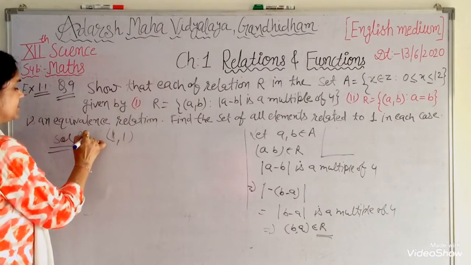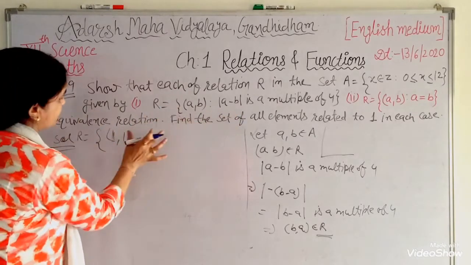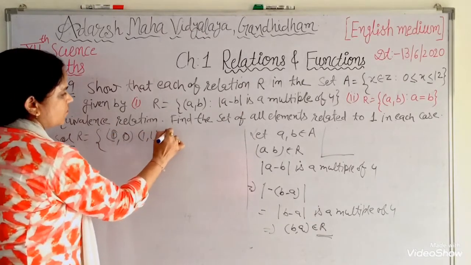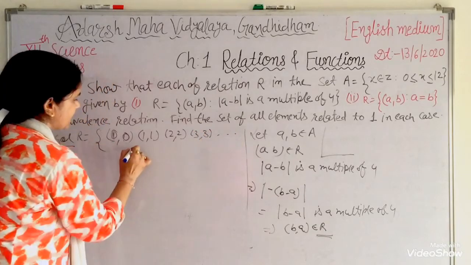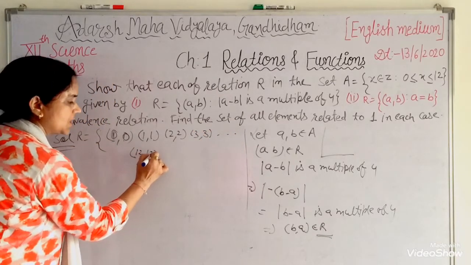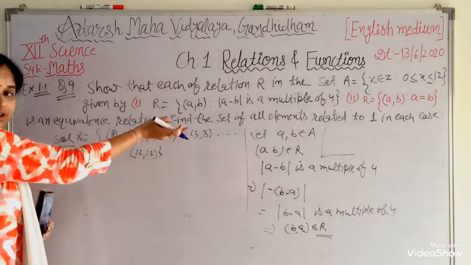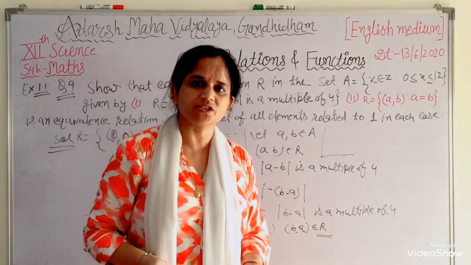If you write in a listing form relation R, we have to start from 0 0, student. Okay, 0 0, 1 1, 2 2, 3 3, up to 12 12. Okay, so 0 0, 1 1, 2 2, all elements belong to R. It means R is a reflexive relation, student.